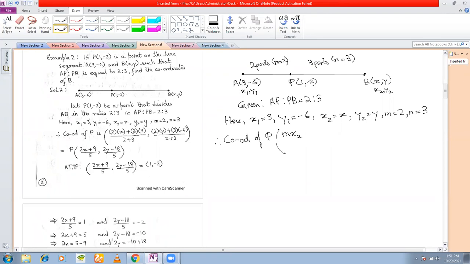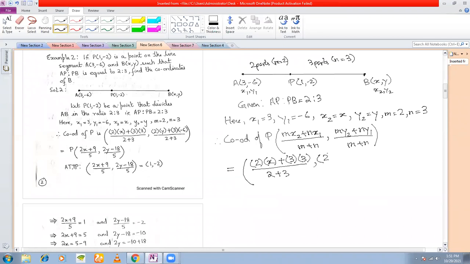So coordinates of P. Write the formula. Okay, and this is equal to m here is 2, x2 here is x, plus n here is 3, x1 here is 3, divided by m plus n.